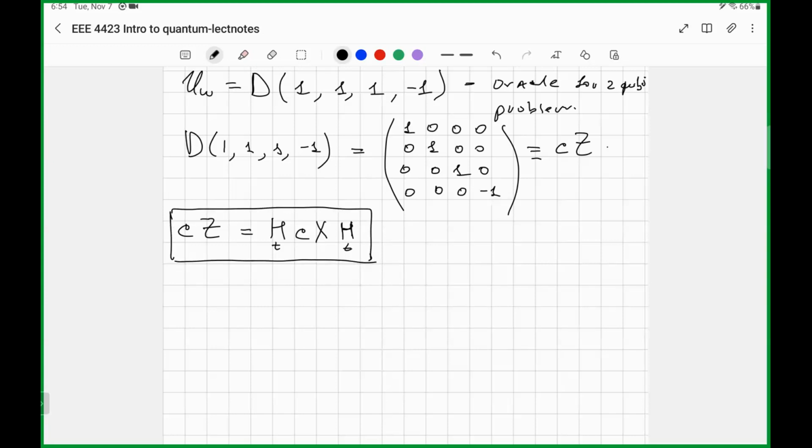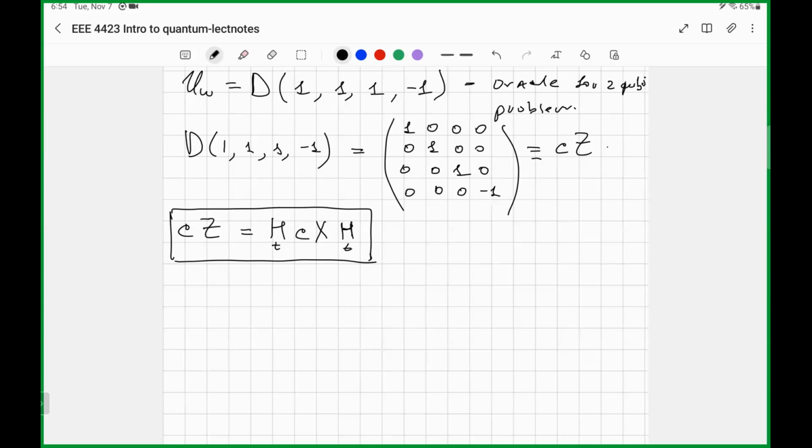Okay. So no need to discuss control Z specifically, but the operation is the same or similar to the control X. Control Z acts as a Z operator depending on the state of the control qubit. If the state of the control qubit is 0, it leaves the state of the target qubit unchanged.